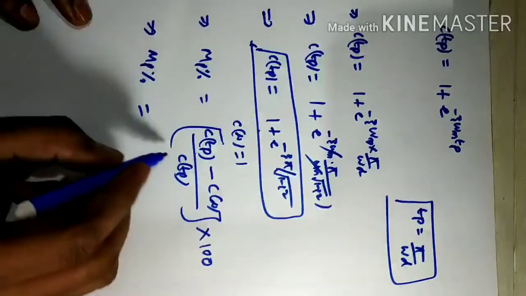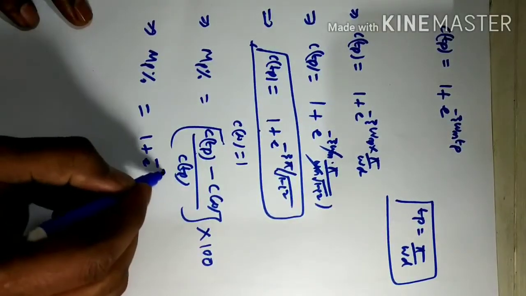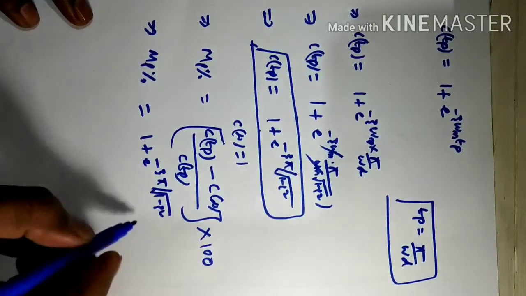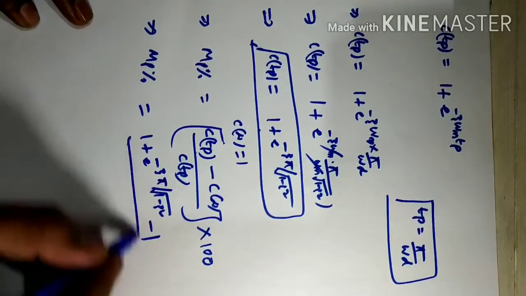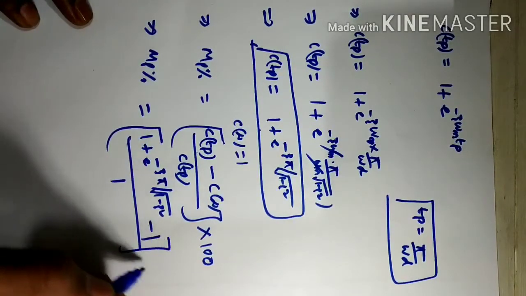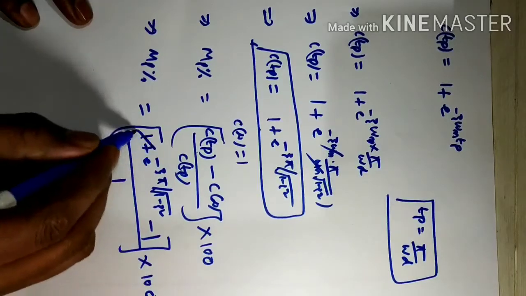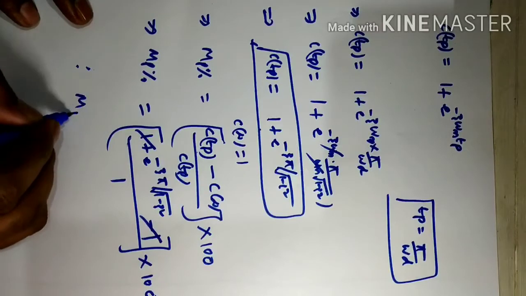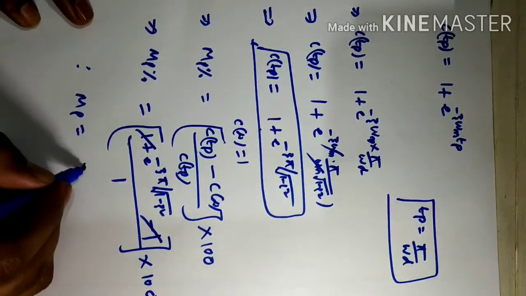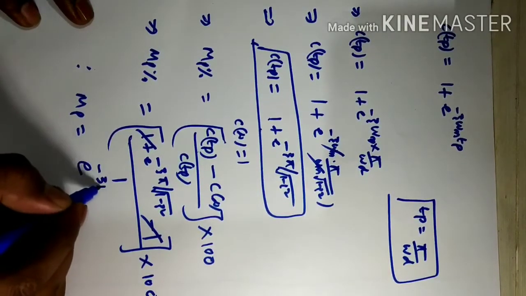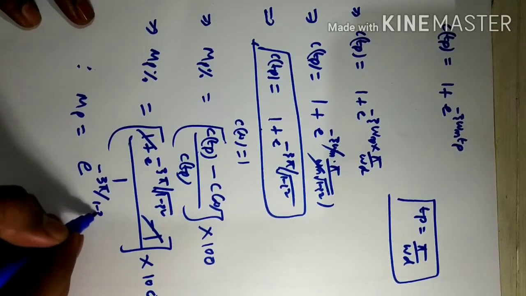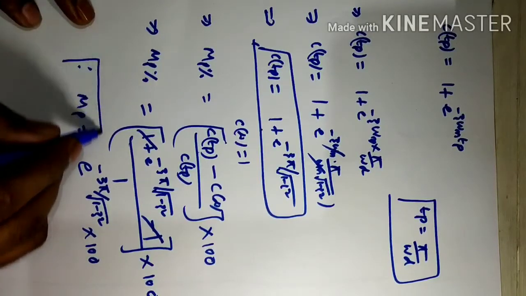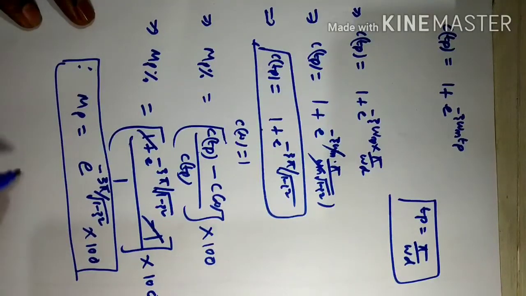C(tp) is this value, 1 plus e raised to minus zeta pi by root 1 minus zeta square, minus 1 by 1, into percent. So 1 minus 1 gets cancelled. So percentage of Mp is equal to e raised to minus zeta pi by root of 1 minus zeta square into 100.